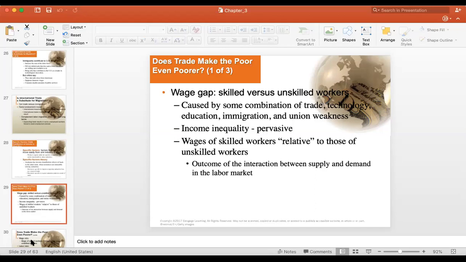And from the paper, I was looking at the trends, because the paper was highly mathematical, for the US income inequality from the 1960s all the way down to the late 2000s.